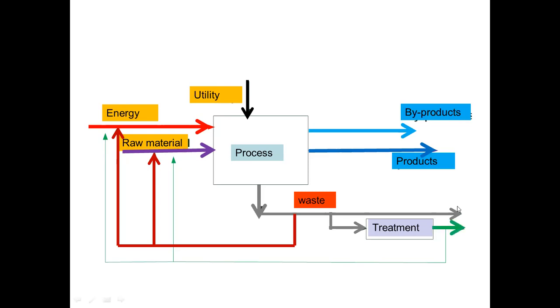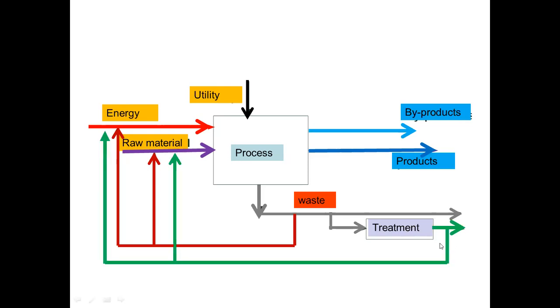So after treating the waste, after reducing the toxicity, after diluting the waste, it can be discharged into the environment. And also some part of the treated waste again can be recycled as a raw material or energy.